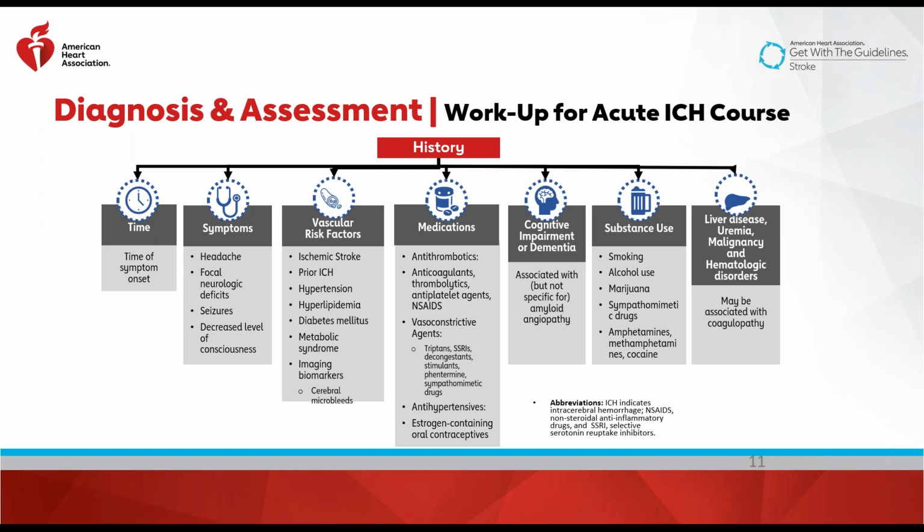So time of onset is important, and we are very tuned in to getting time of onset for our ischemic stroke population. Interestingly enough, in our early project, we found that we were oftentimes missing time of onset in our intracerebral hemorrhage population. We know that we're getting it, we know that we're asking those questions, but it was really a documentation process. Symptoms are important.